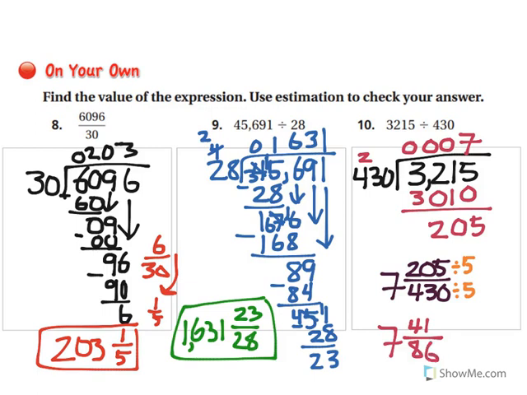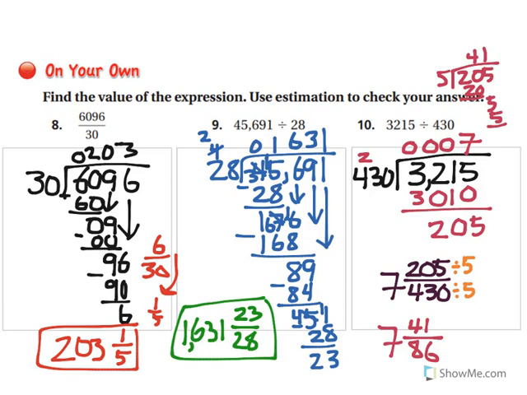You can write it over here and say 205 divided by 5. It goes in 4 times. 4 times gives me 20. 5 left over, it goes in 1 time. That's how I was doing that in my head, but that's how you would get that 41, and the same thing with 86. All right.